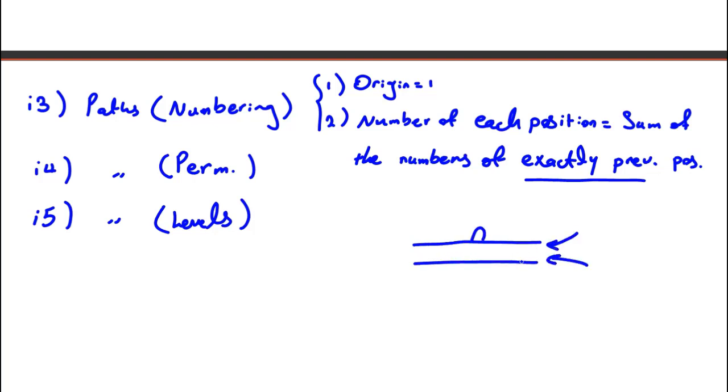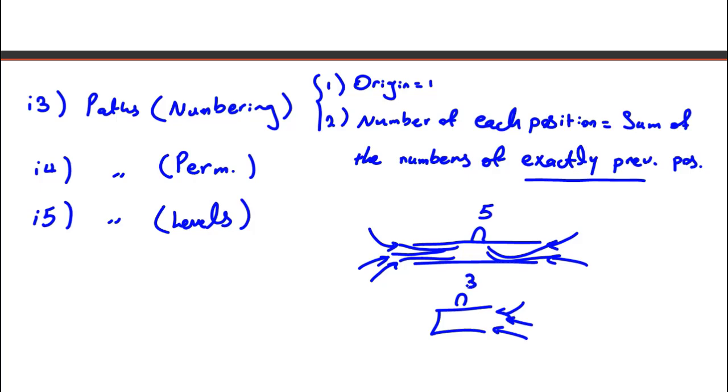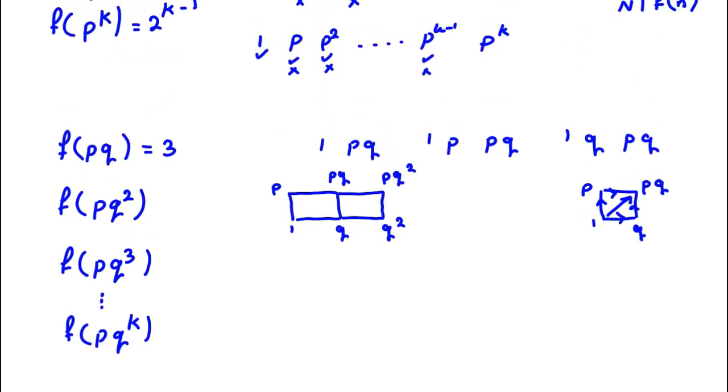If we can reach it from, for example, 2 ways here, 3 ways here, how many ways can we reach this school? 5 ways, because you say, okay, 1, 2, 3, 4, 5. It is exactly this idea. You say, okay, when I'm in the school, in the previous step, exactly previous step, I was here or here. And then 2 plus 3, 5. Or if you have a dead end, for example, a school here, in 3 ways we can reach here. In how many ways can we reach this school? 3 ways. Now let's apply here.